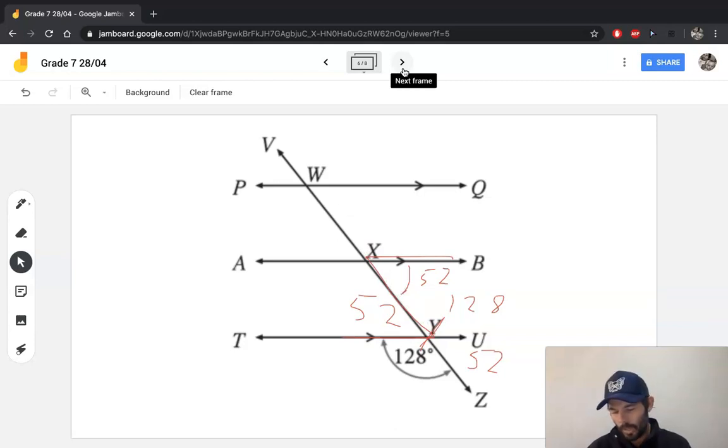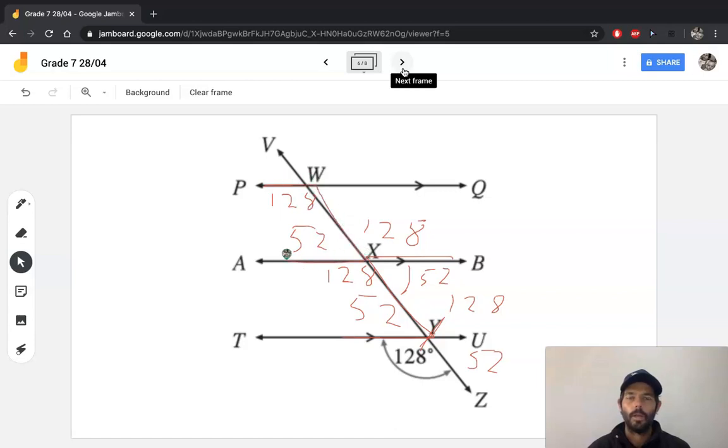This is going to be 128, and again, you could have used alternate. You could have used corresponding. You could have used co-interior or supplementary. Then that's 52. That's 128, and same reasons as I've mentioned before. Okay, and again, when we get to the top, 128 because it's supplementary with 52.